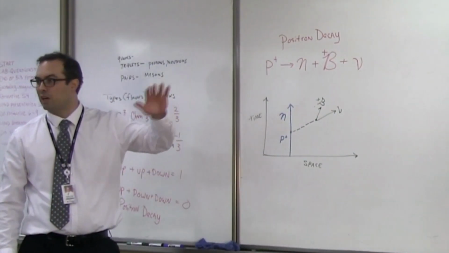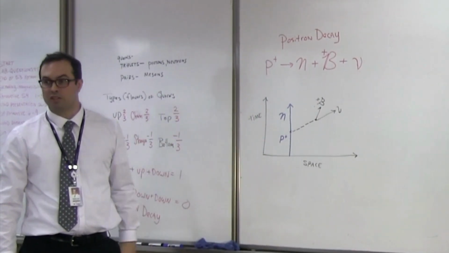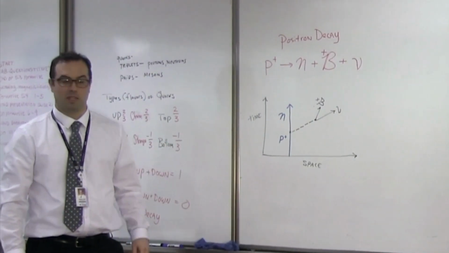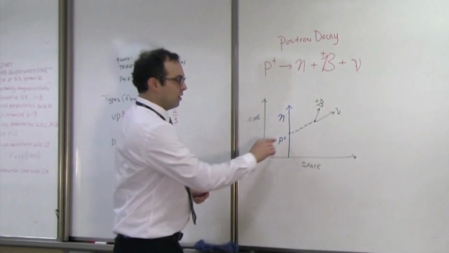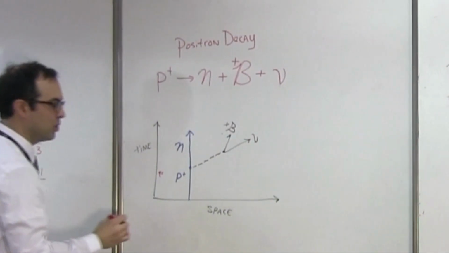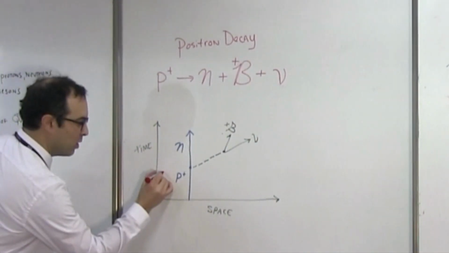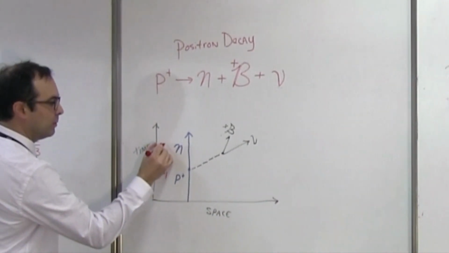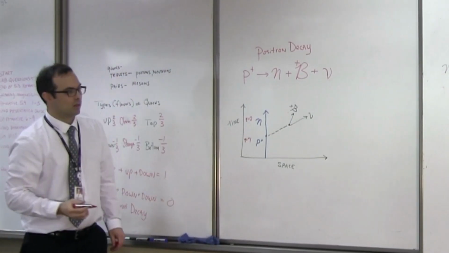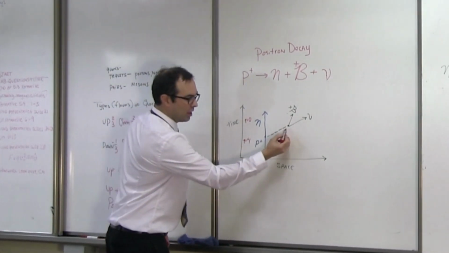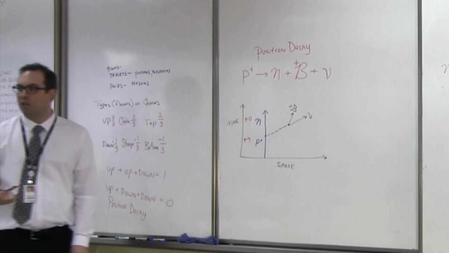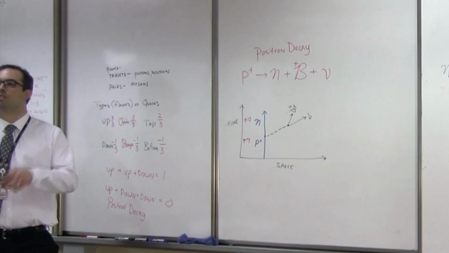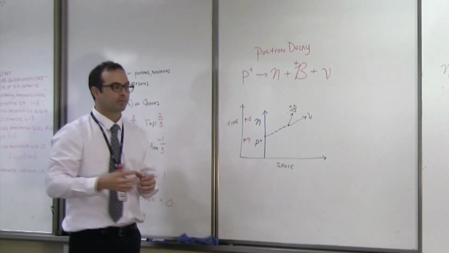Once again, we're going to take our conservation of charges and go through right from the very beginning to the very end. Let's start with our overall charge. The charge of our proton is 1. Charge of our neutron is 0. So there's a boson in here that has a charge to it. And what we're trying to do is to figure out what is the charge of that boson.